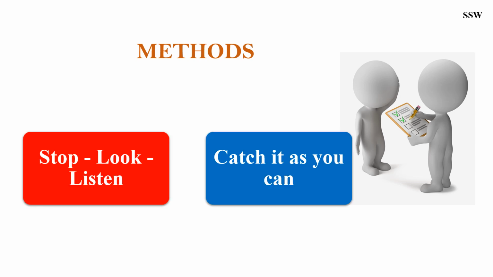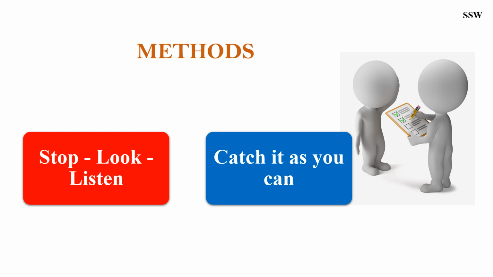Next point is methods. So network data collection is a primary step in network forensics, and collection happens in 2 methods. Stop, look, listen method and catch it as you can method. So stop, look, listen.